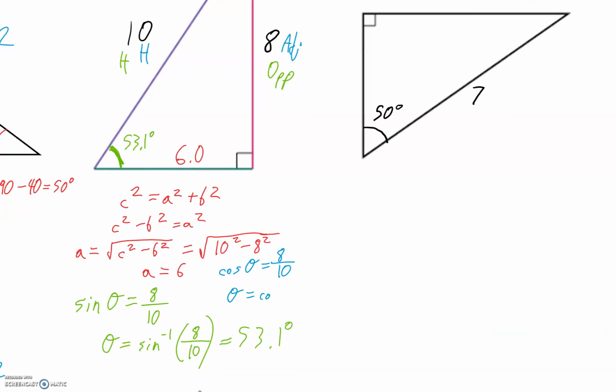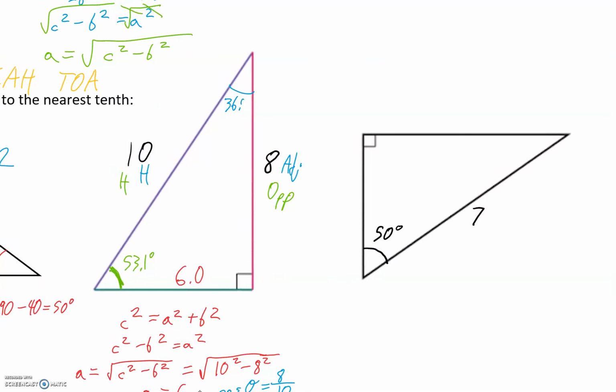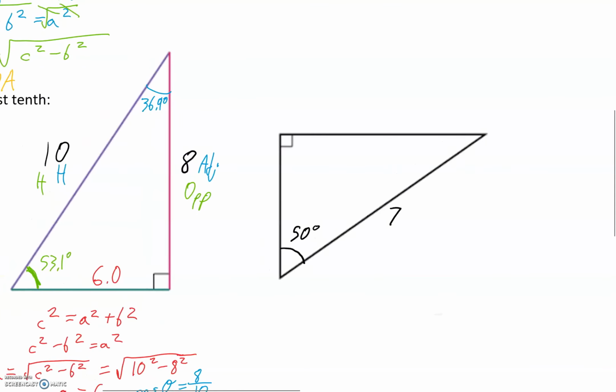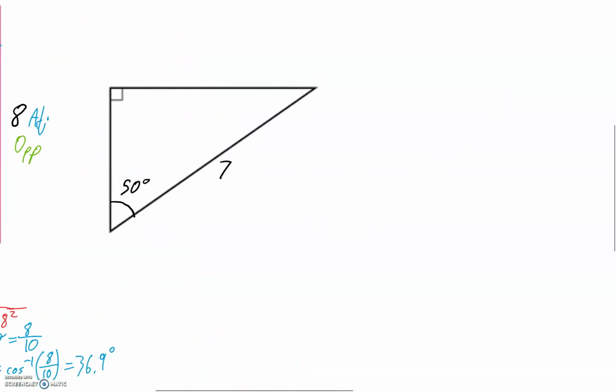Theta equals cos inverse of 8 over 10, and we get 36.9 degrees. All right, and that's that triangle solved now. We have all 6 items.